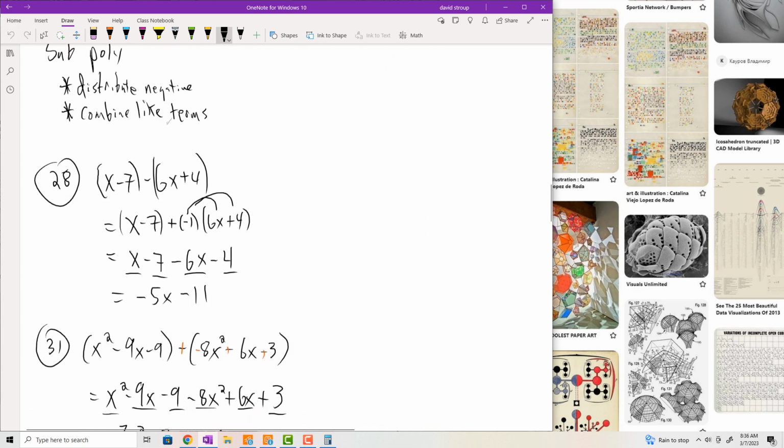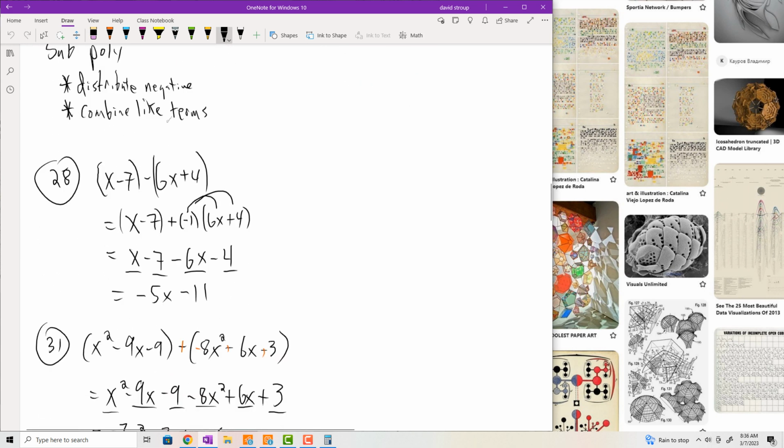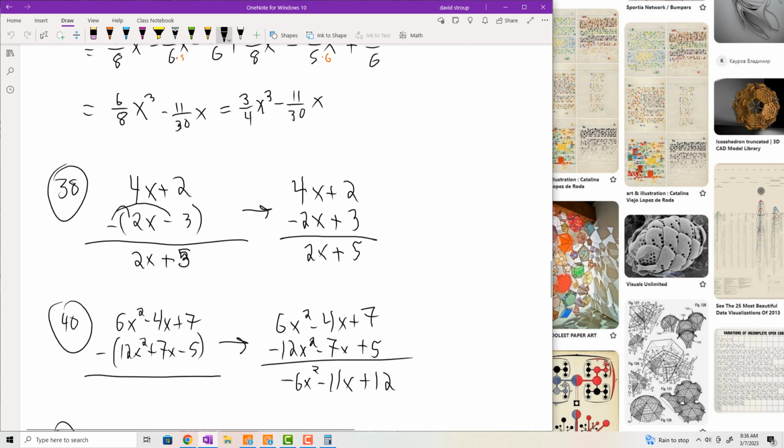To subtract polynomials, you're basically distributing the negative and then combining like terms. And then there's the vertical format where you can, in the problem itself, just distribute the negative and kind of remember, okay, it's 4x minus 2x, and then it's 2 minus negative 3, which is 2 plus 3, which is 5. Or you can rewrite the thing in the more readable form that I have on the right.